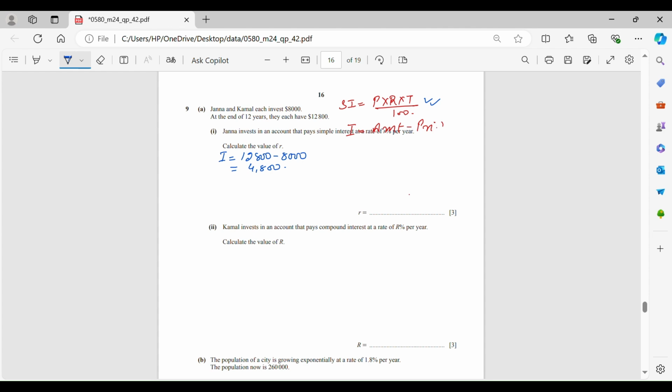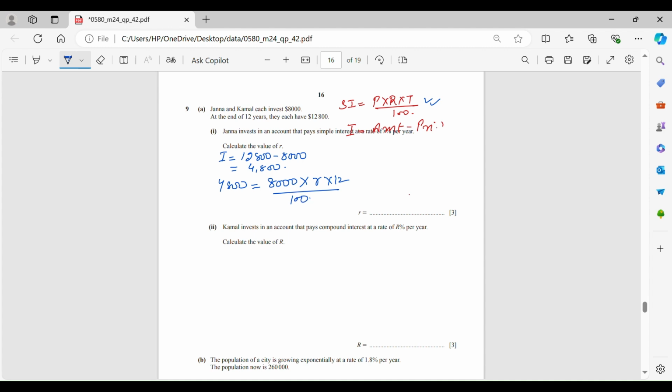So we will put the values in this. 4,800 will be equal to principal 8,000 into rate of interest R into time 12 over 100, right?